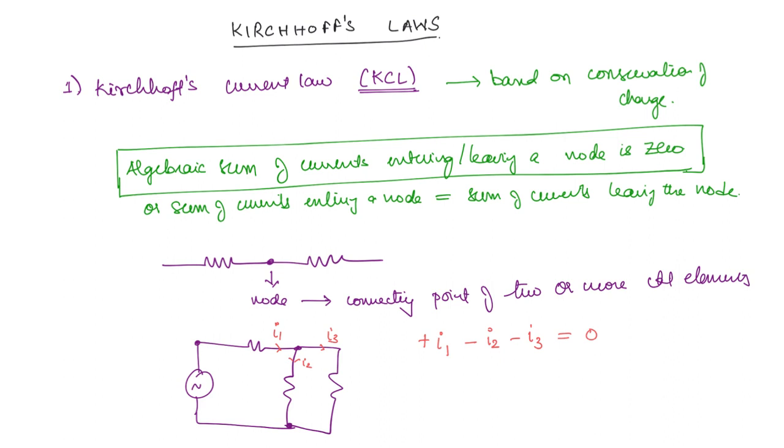In this example, what are the currents entering? Only one current, I1. So I1 is equal to the currents that are leaving, I2 plus I3. You can see that both these relations are one and the same. This is Kirchhoff's current law.